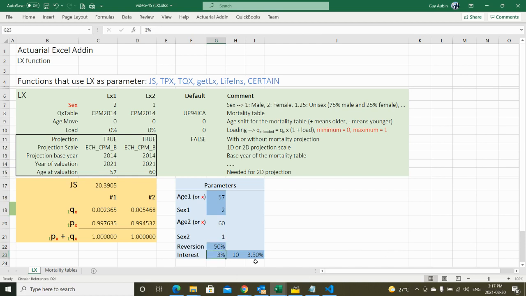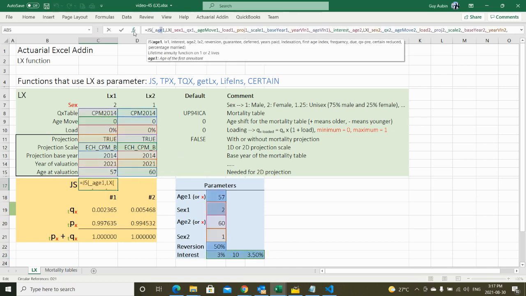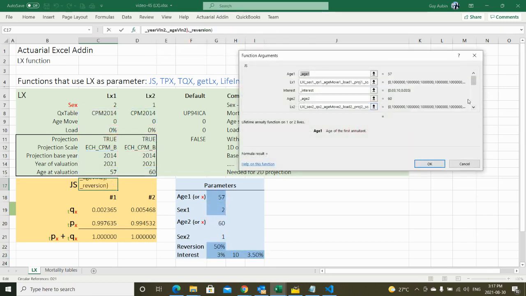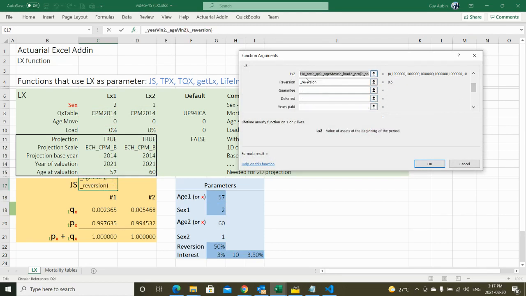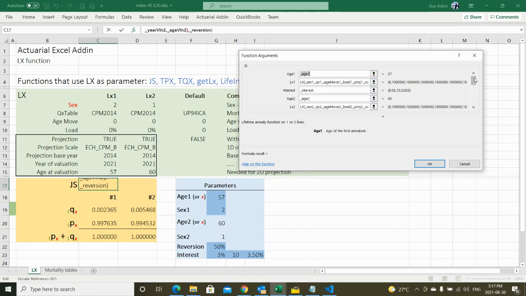And my interest rates are a vector of 3% per year for the first 10 years and 3.5% thereafter. So for my JS function, if we look at the parameters, we have age 1, 57, interest 5, age 2 at 60, and reversion at 50%.